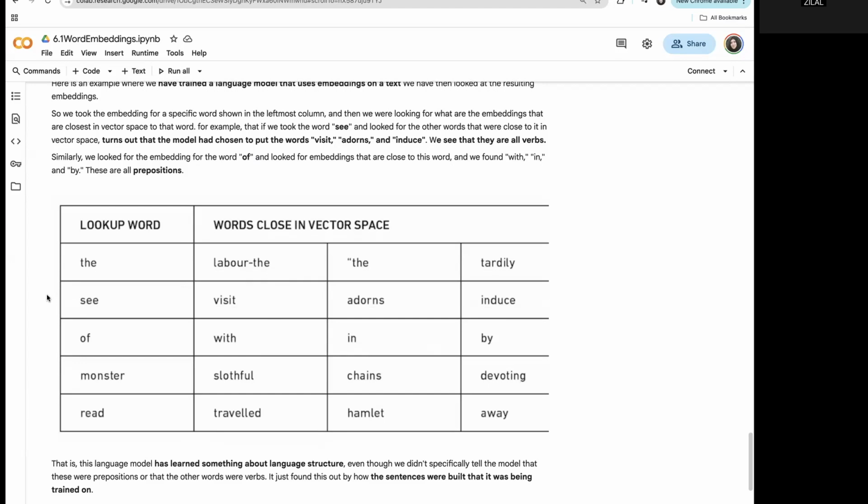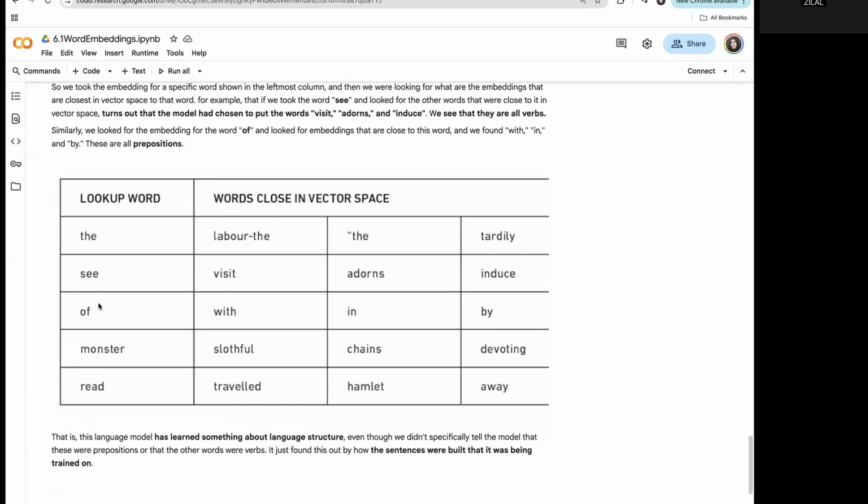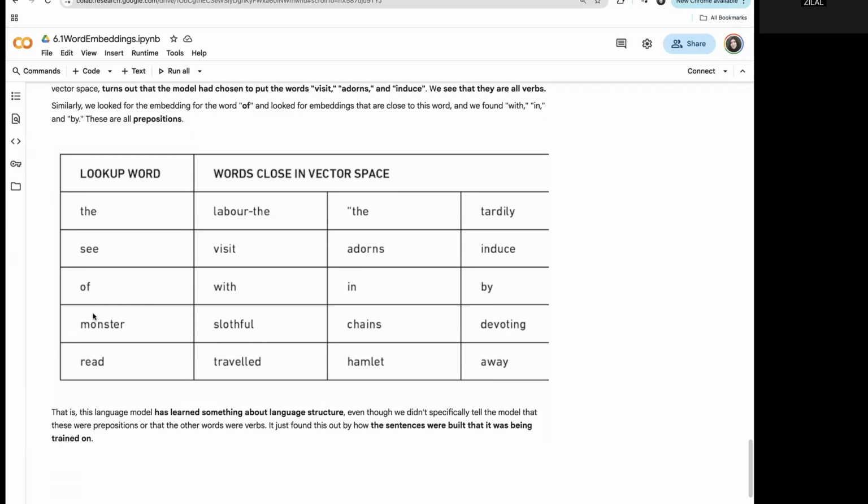For example, if we take see and look for the other words that were close to it in the vector space, it turns out that the model had chosen to put the words visit, adorn, and induce, and we see that they are all verbs. Similarly, if we look at the embedding for the word of and look for embeddings that are close to this word, we find that with, in, and by are close in the vector space. And all of these are prepositions.